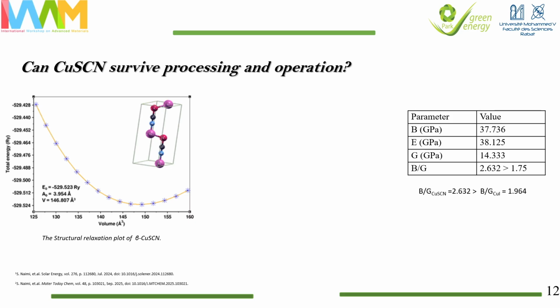As we see here, from the bulk and shear models of our material, we have a Pugh ratio higher than 1.75, which means that we are dealing with a ductile material. Compared to our previous work on copper iodide, we noticed that the Pugh ratio of copper thiocyanate is even higher, which means that copper thiocyanate can handle cracks, if used as an HTM, better than copper iodide.